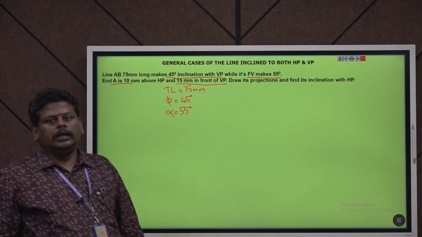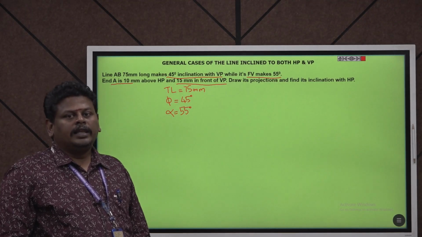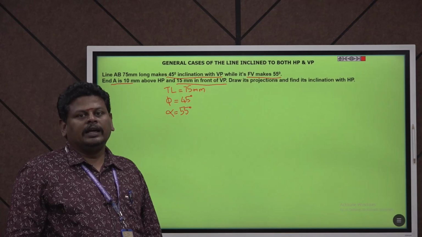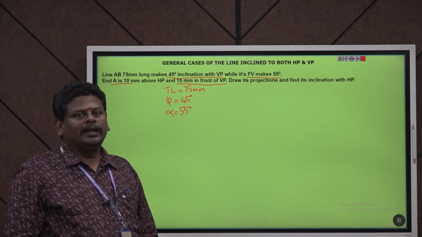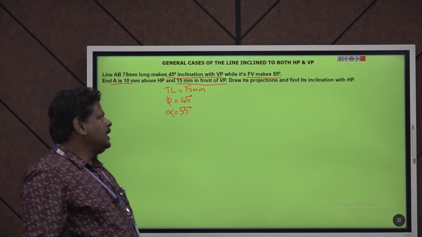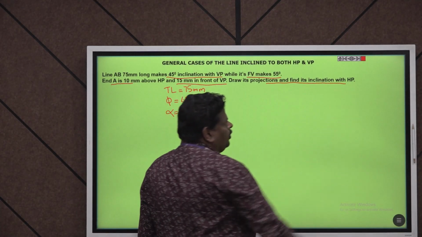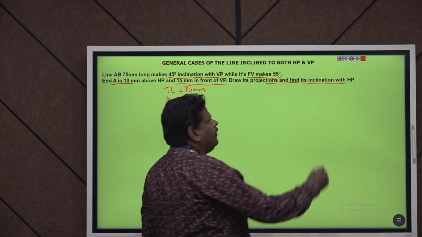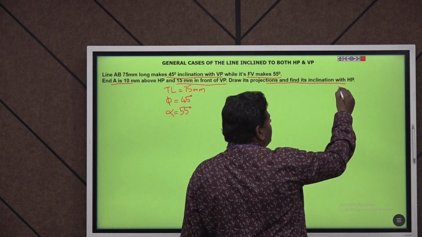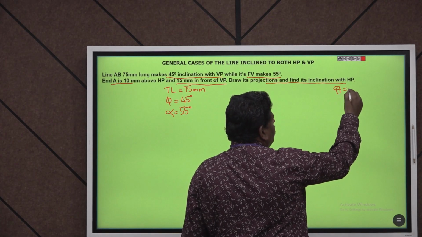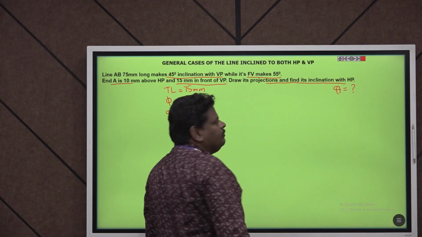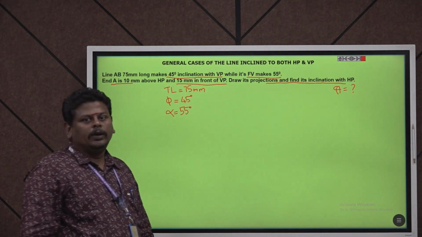So both locations with respect to HP and VP for the first end point are given, and they are asking us to draw the projections and find the true inclination with HP, which is theta. They are asking us to calculate the value of theta. This is what is given in the problem.